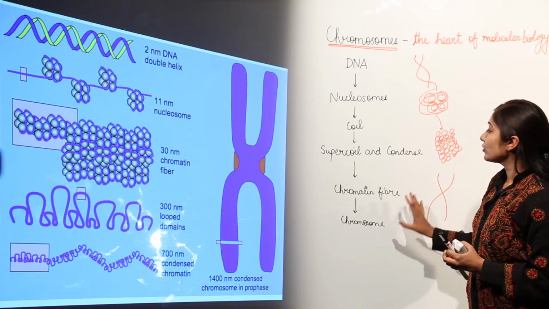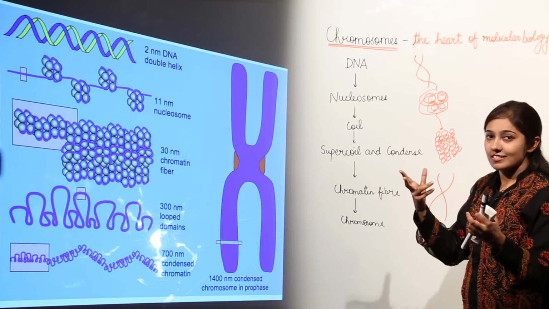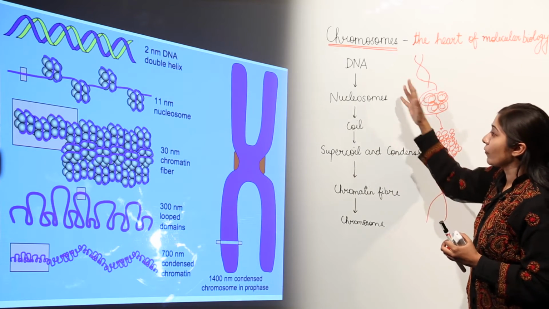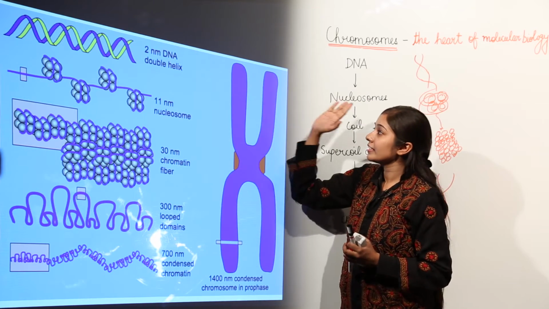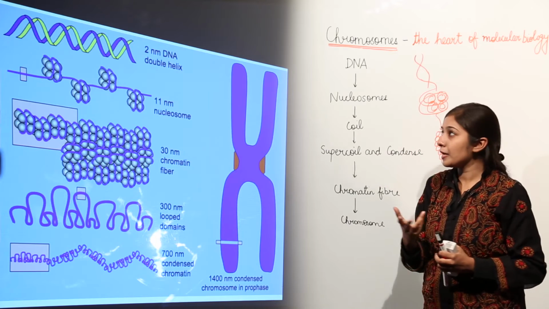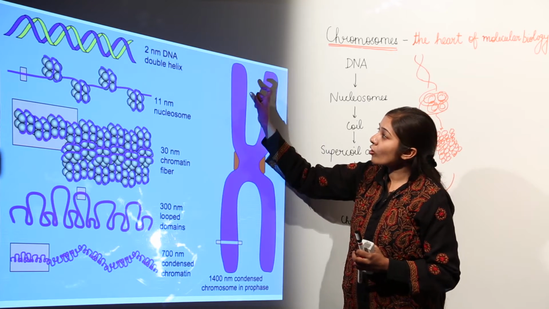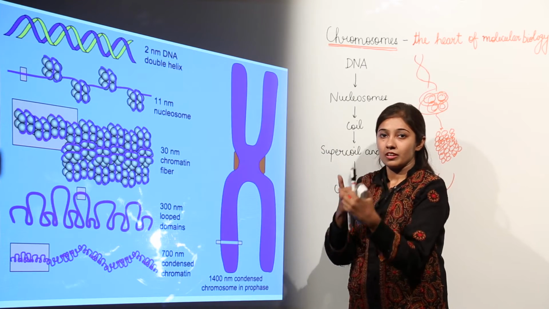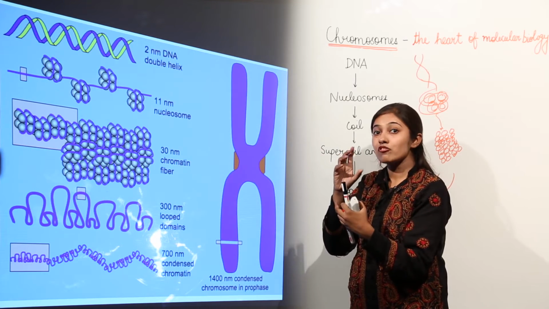So I am going to discuss the size of all these points. See, for example, we have a double stranded double helix DNA. It has a size of 2 nanometers, and when it coils around histone proteins, it forms nucleosomes.